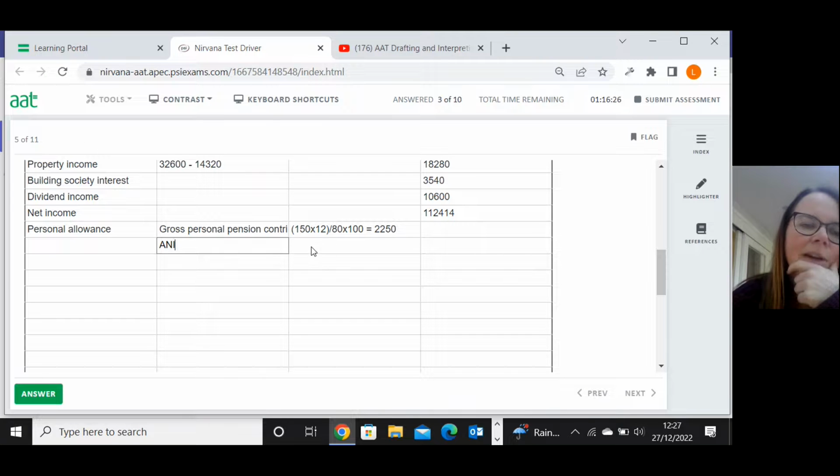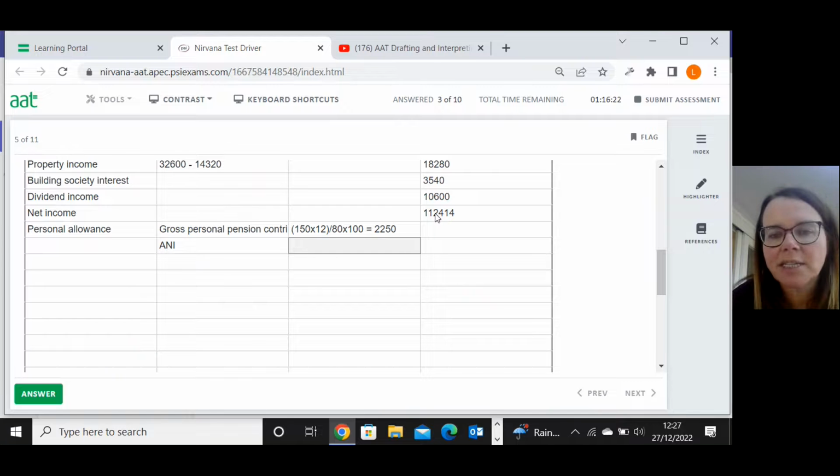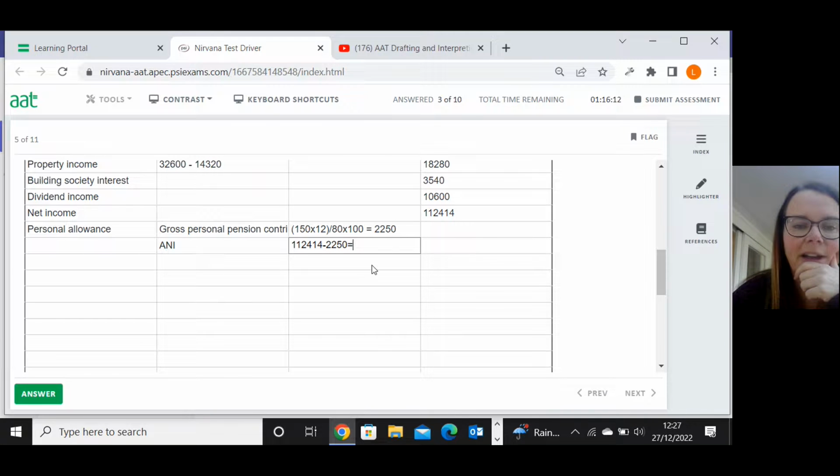So then we can work out our adjusted net income. Adjusted net income is the net income, so the 112,414 that we just calculated above, minus that 2,250, which gives us adjusted net income of 110,164.